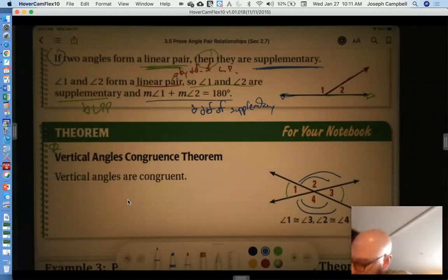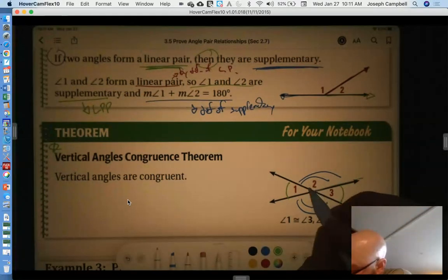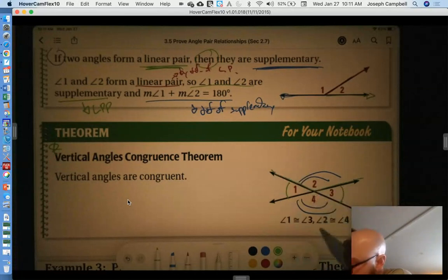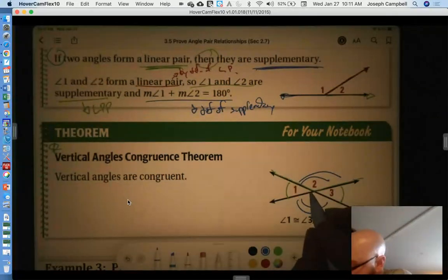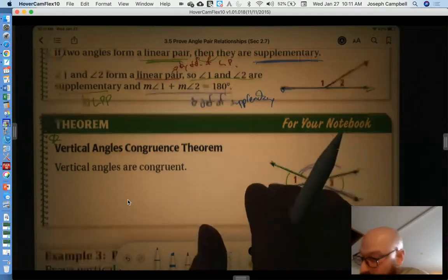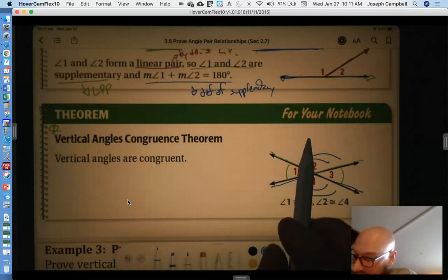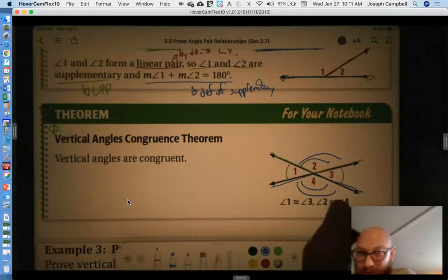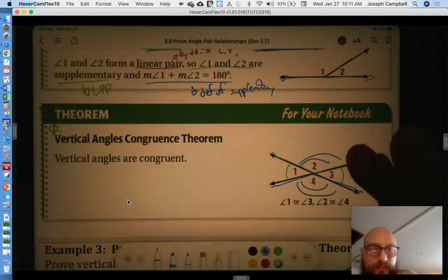Vertical angles share a vertex and their sides form opposite ray pairs. Like the sides of 2 form opposite ray pairs with the sides of 4, so they're vertical angles. So that's straightforward. Identify vertical angles, then vertical angles are congruent. If they're congruent, they're equal, then we can substitute them for one another, and so on.